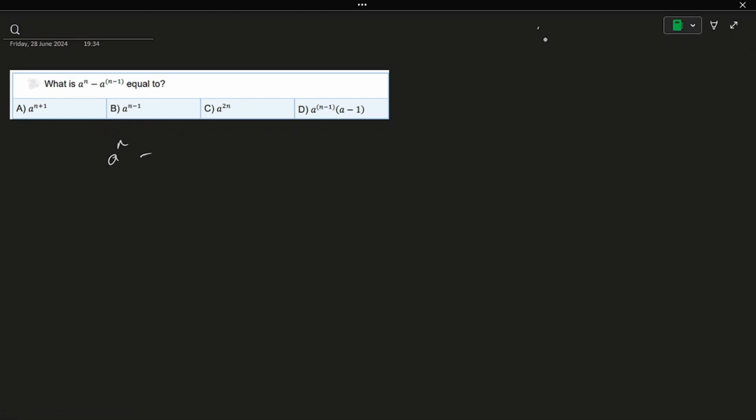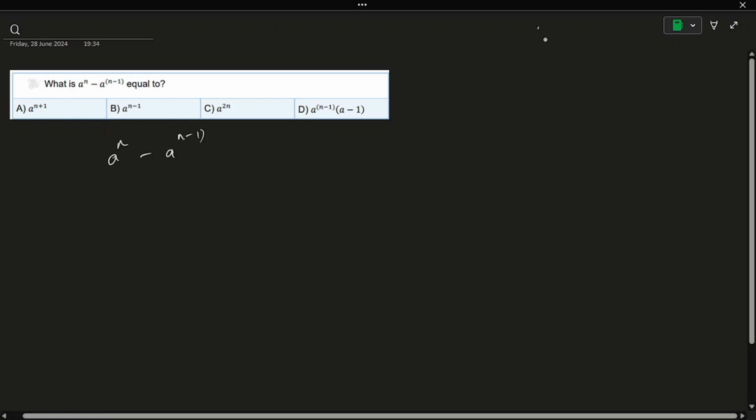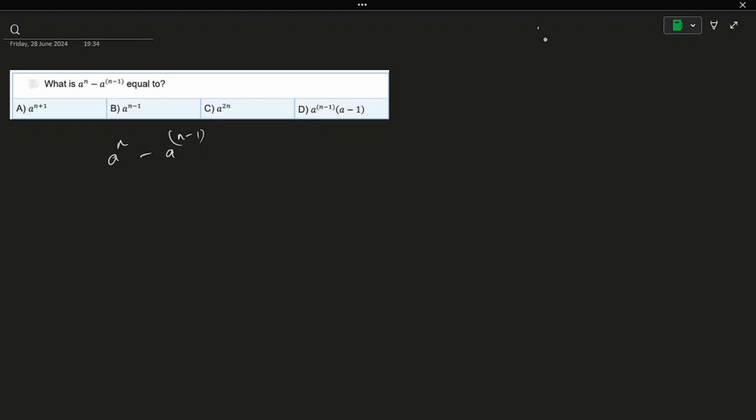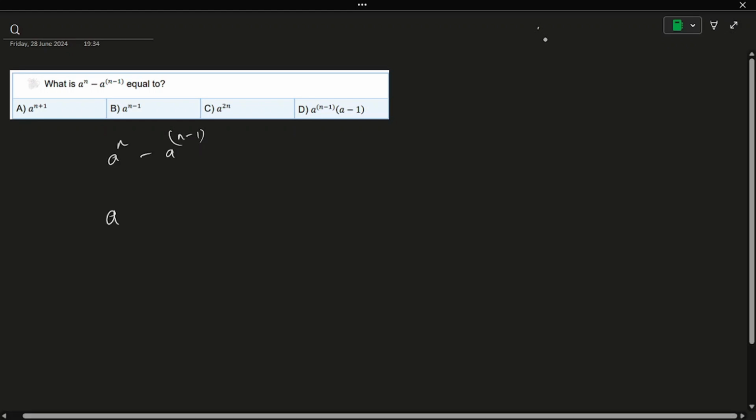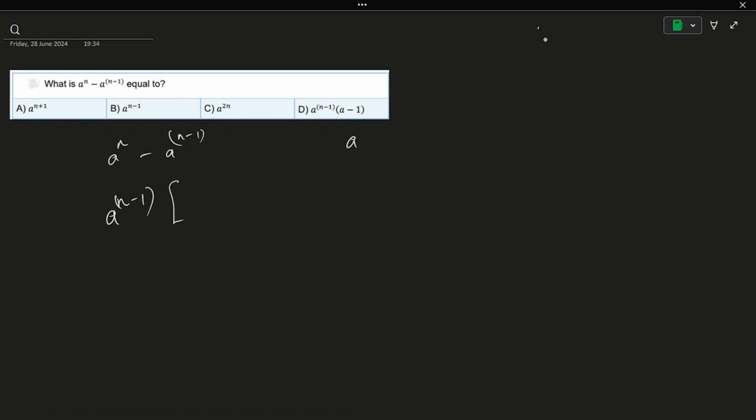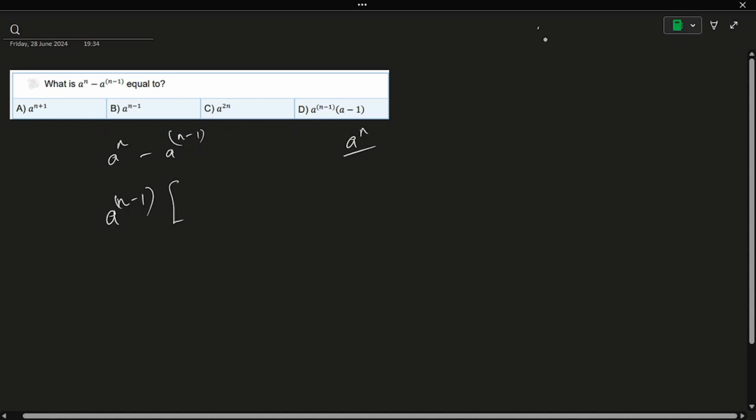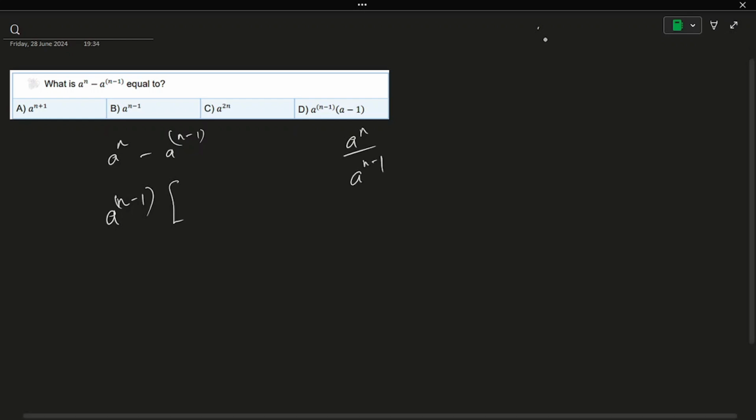We have a to the power of n minus a to the power of n minus 1. Now, let's try factoring out a to the power of n minus 1, right? So we can factor out a to the power of n minus 1. In other words, we're going to have this. And then when we look for the first term there, we're going to say a to the power of n divided by a to the power of n minus 1.